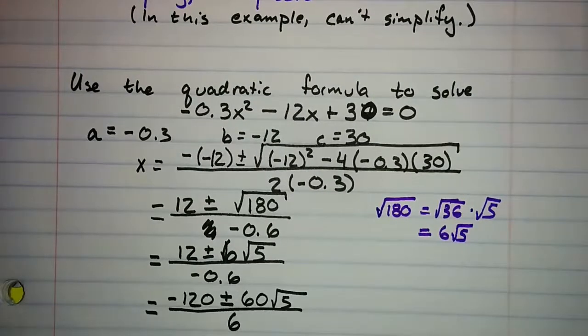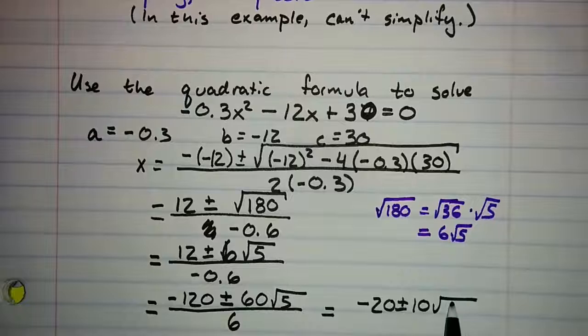Notice the plus or minus didn't change because I multiplied by a negative number. Positive and negative, negative and positive, it's the same thing. And now I see that 6 actually goes into both of the terms here. I'll have negative 20 plus or minus 10 root 5 for my solutions.